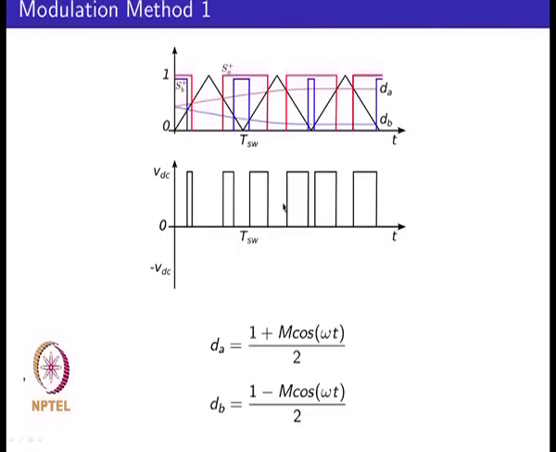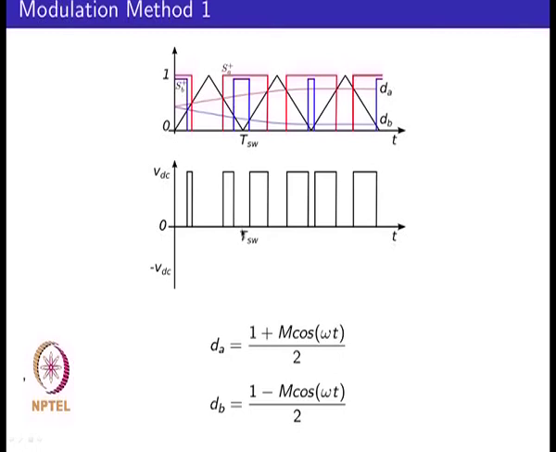The method that we looked at, the modulation method 1, where we had the duty cycle for leg A and duty cycle for leg B to be symmetric around 0.5, and if you look at the dA and dB, essentially they are symmetric around 0.5. And the characteristics that we saw is effectively the output frequency is doubled.